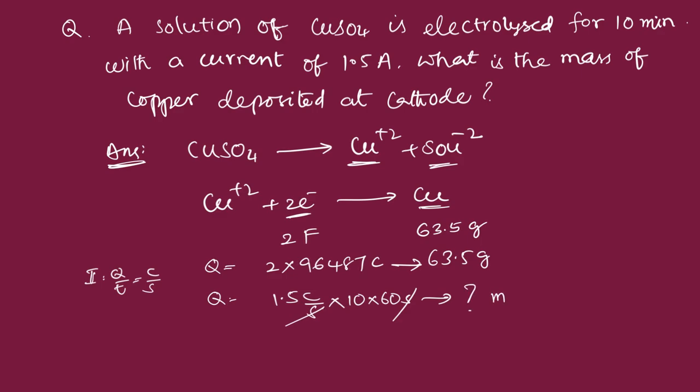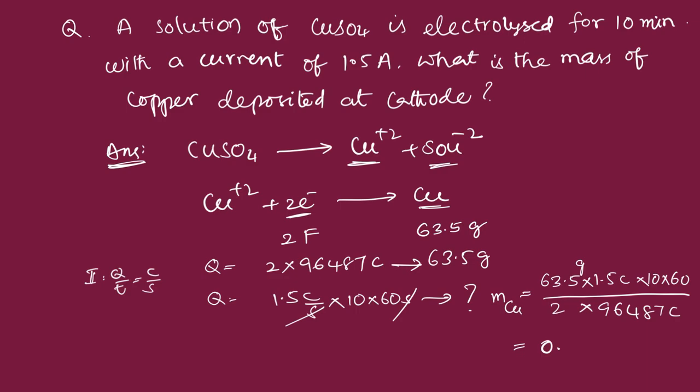Therefore the mass of copper deposited is equal to 63.5 multiplied by 1.5 coulomb per second into 10 into 60 divided by 2 into 96,487 coulomb, in gram. After all the cancellation you will get the answer, roughly I am writing here 0.3 grams.